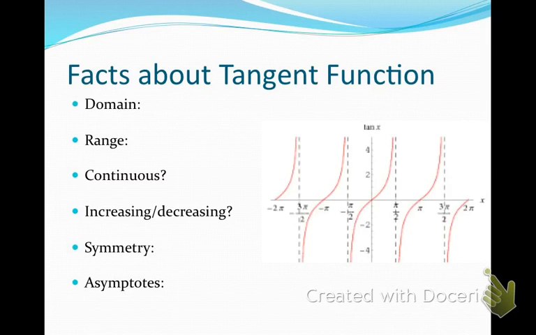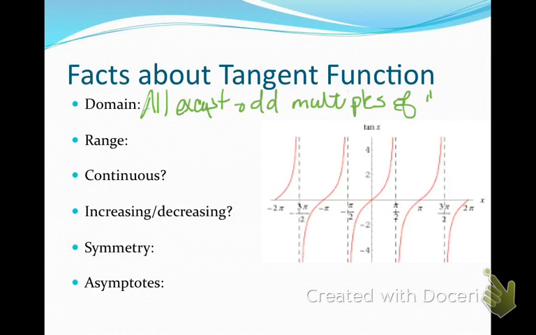So usually when we talk about the domain of tangent, we say that it's all real numbers except odd multiples of pi over 2. So that's pi over 2, 3 pi over 2, 5 pi over 2, negative pi over 2, negative 3 pi over 2, negative 5 pi over 2.